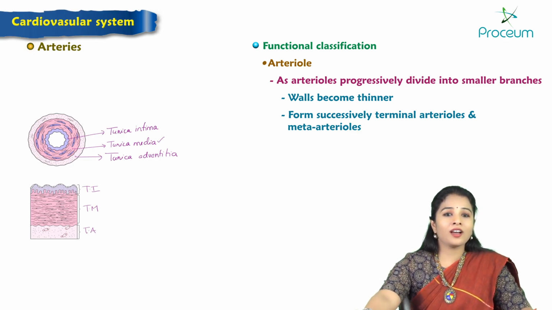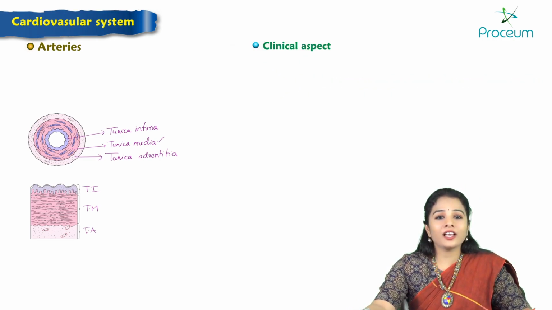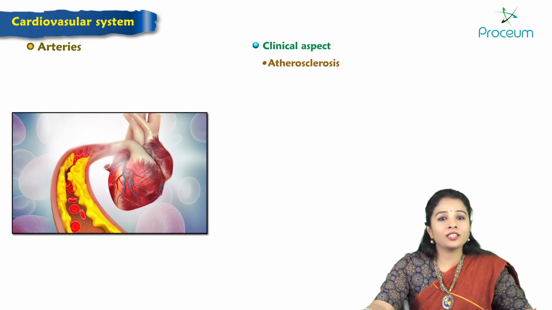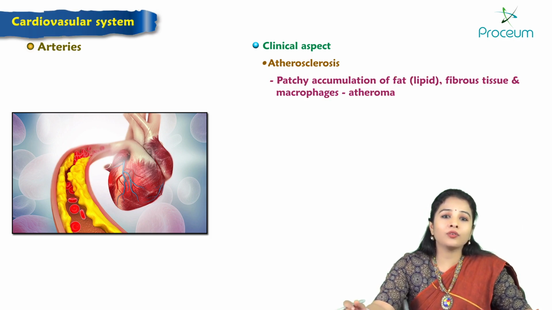So that is about the arteries. Now the clinical aspect of these arteries is called atherosclerosis. That is a condition where we see a patchy accumulation of fat or lipid, fibrous tissue and macrophages.